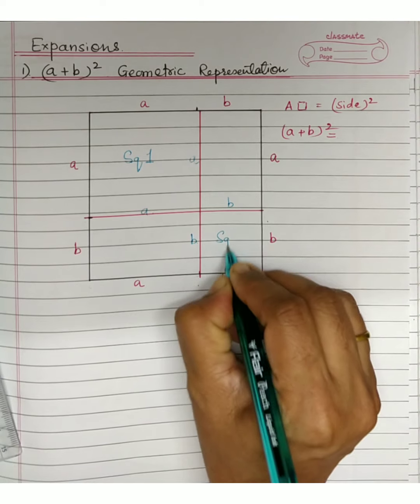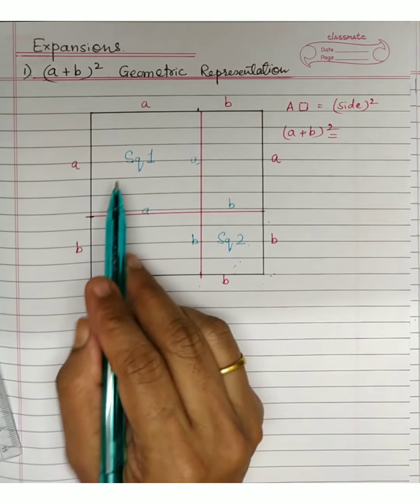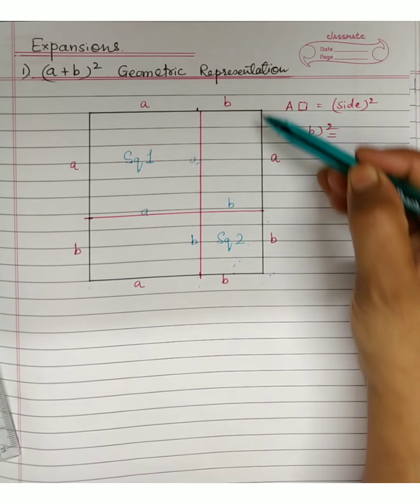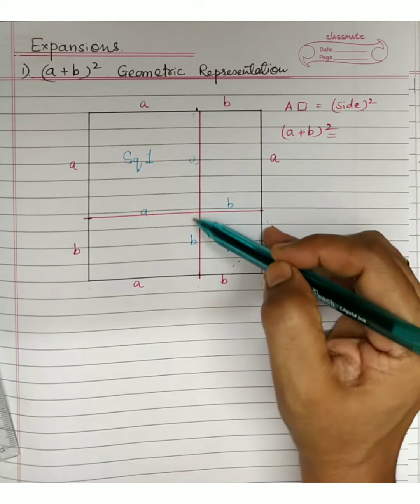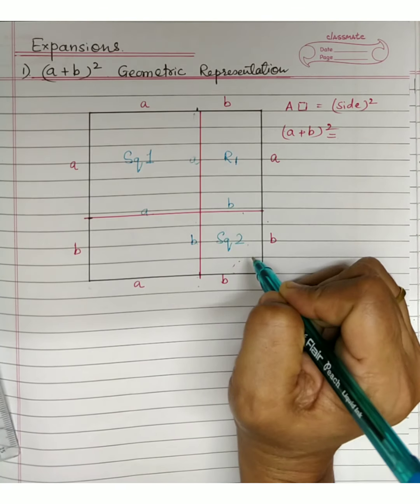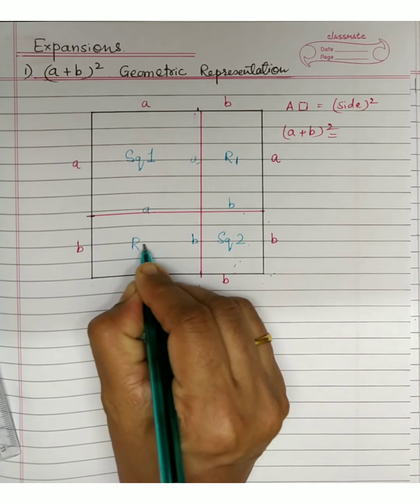This is another square, we will name it square 2. Now look at this part. This is a rectangle. One side of this rectangle is a, another side b. Suppose this is rectangle 1. One more rectangle is formed here, I'll name it rectangle 2.